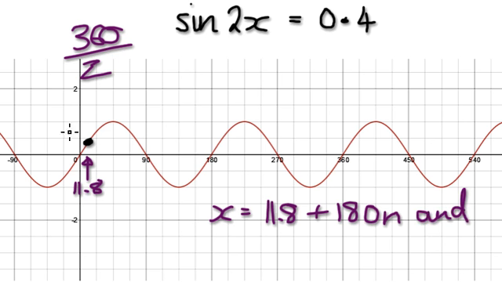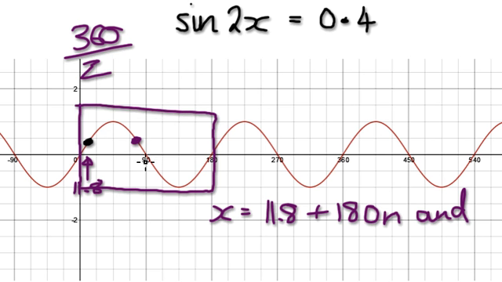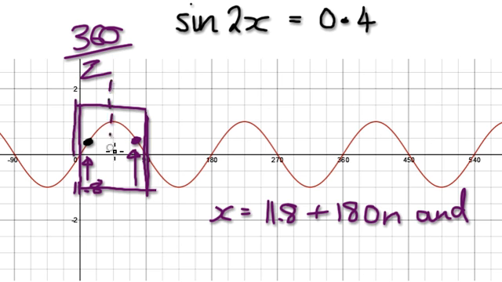And don't forget, we've got to take care of this as well. This is one period here, 180. So somehow we've got to develop a method of obtaining this other solution. I'm just going to look at this here because it is symmetrical along this line.